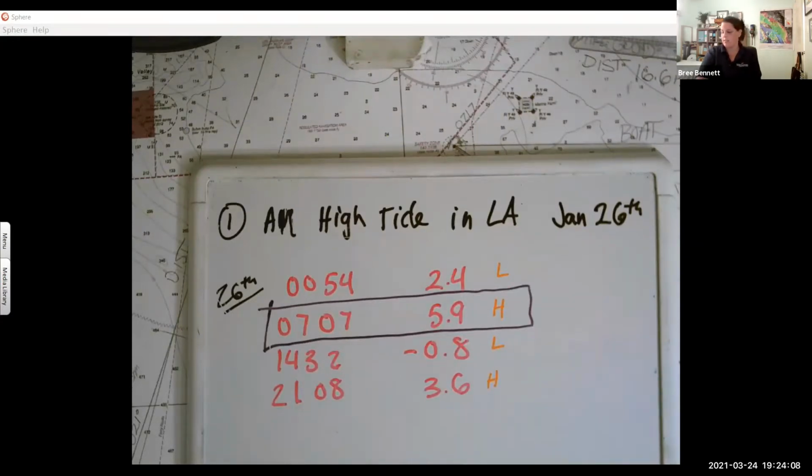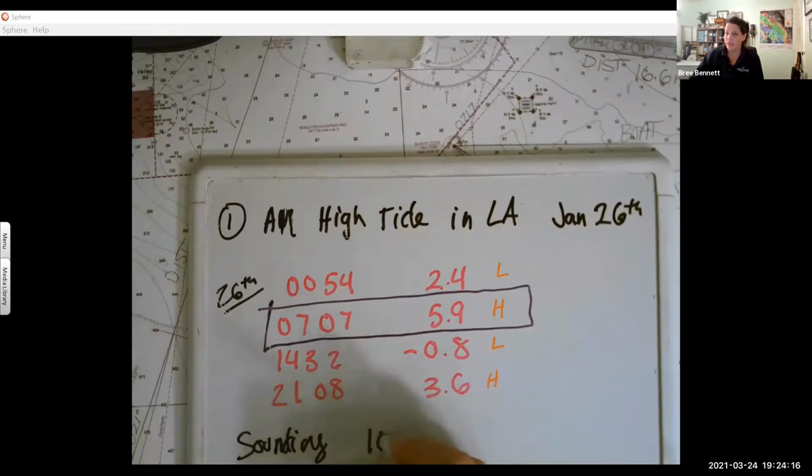Then it asks us if we have a charted depth, our sounding reads 10 feet, what is the actual depth of water?